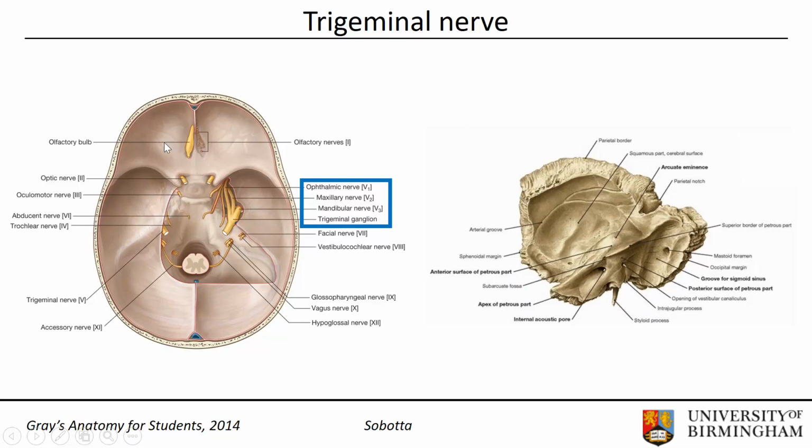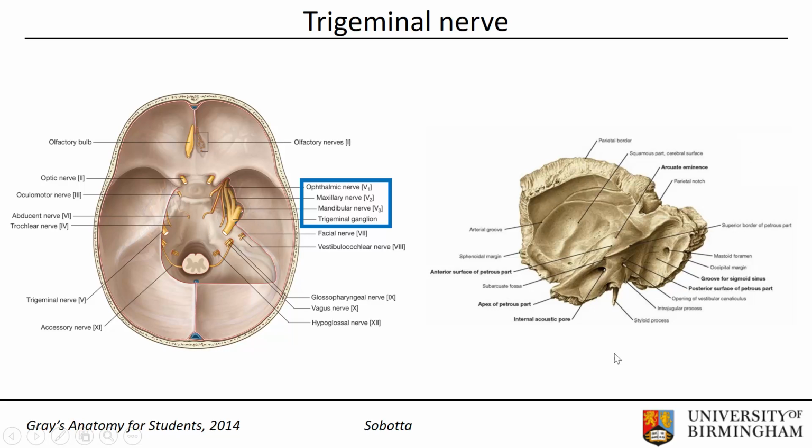In this picture, on the right side, we can see how the sensory and motor roots continue from the posterior cranial fossa and get into the middle cranial fossa by passing over the medial tip of the petrous part of the temporal bone.